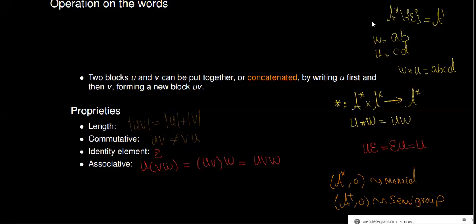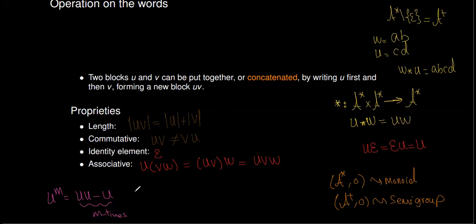Another thing: we can stick one word many times together, like a power. For example, u to the m means you apply this concatenation operator m times. That's why it has some properties of the power. You can check that by yourself.